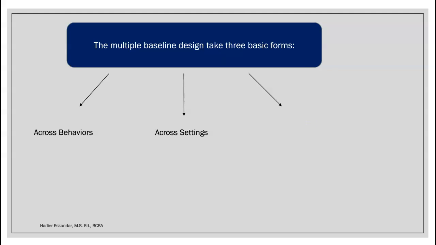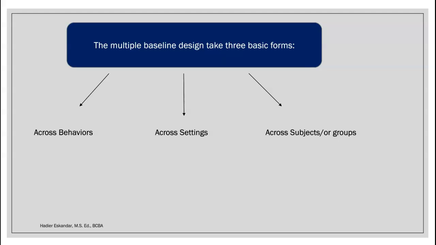So if you're working on the same behavior in different settings, such as a playground, classroom, and home, then you can start taking baseline on the 3 settings and then start introducing the treatment to the specific behavior you're looking at, trying to increase or decrease it in one setting. And once the treatment has been effective and you see a stabilized behavior change, then you go to the next setting and you introduce your treatment there.